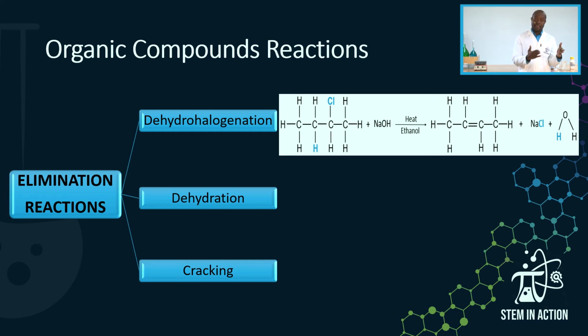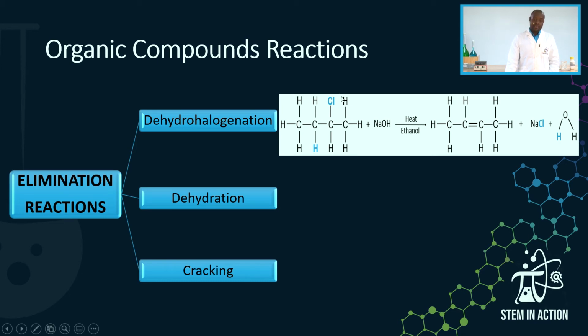In this case, we are removing a hydrogen and a halogen. And for elimination reactions, like I said, they are performed on saturated compounds, and we end up with an unsaturated compound, or a compound that has a double bond.